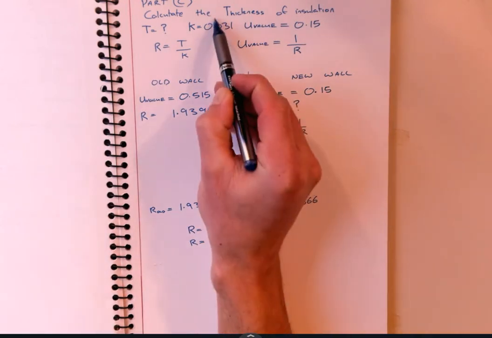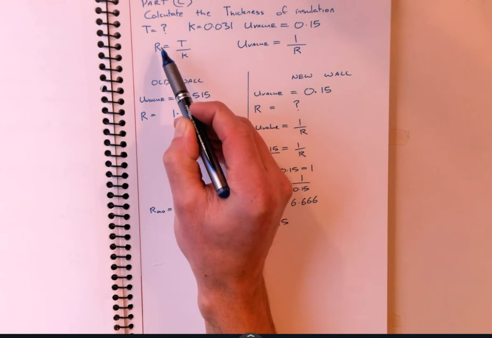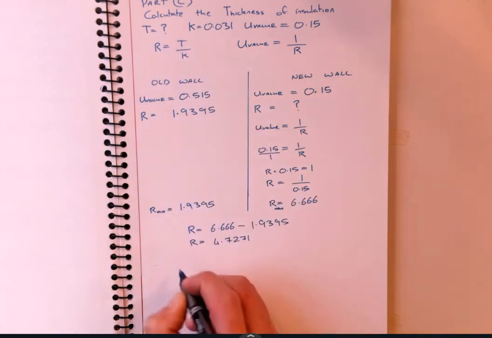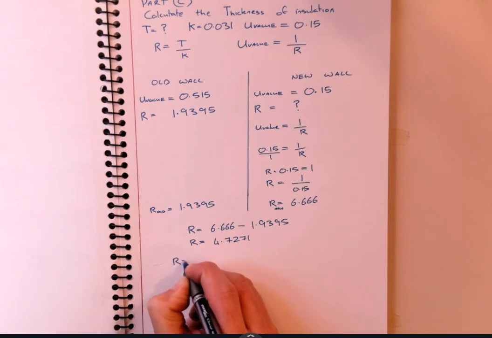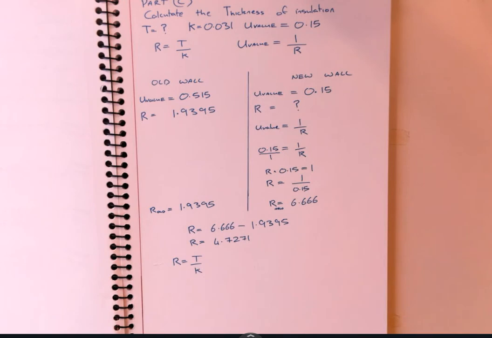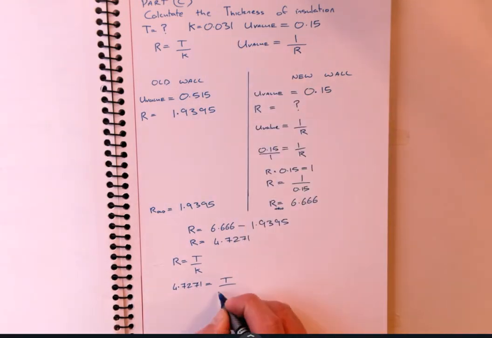I also have a conductivity measurement. So I can use my formula, R equals T divided by K, and we'll work out T. The resistance measurement, 4.7271, equals T, which we're looking for, divided by our conductivity, which was given at the very start, 0.031. It was given in the question.